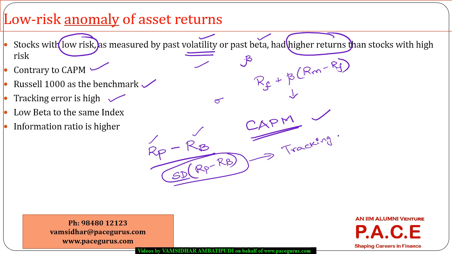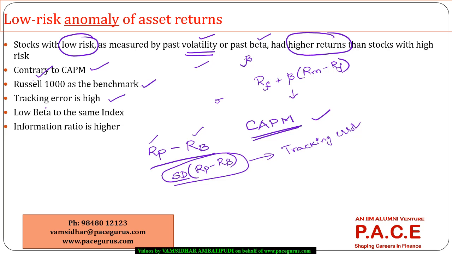So it has been found that the tracking error was much higher when this particular benchmark of Russell 1000 has been used. But otherwise it has been found that those securities which were having a lesser risk overall had given higher returns compared to those stocks which had high risk.